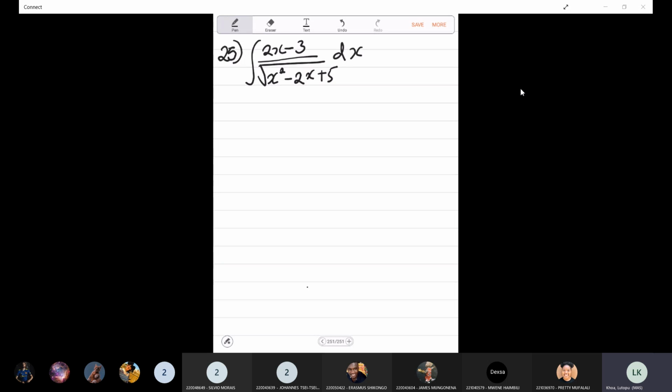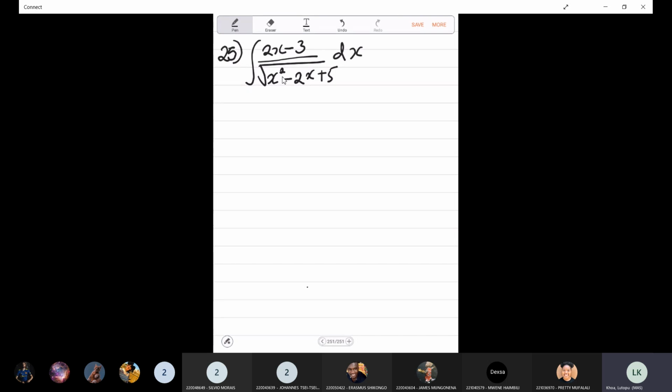Thank you. All right, so now we can continue. So we said that when you have a fraction like this, you want to split up the numerator so that one part is the derivative of the denominator, and the other part is something you can then rewrite so that you use the arc trig integration.